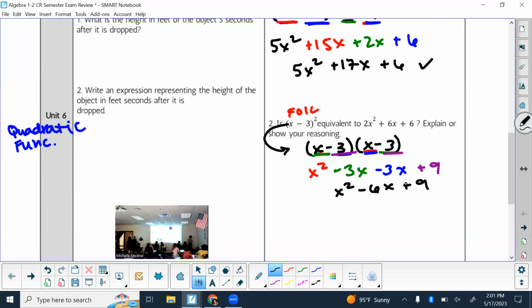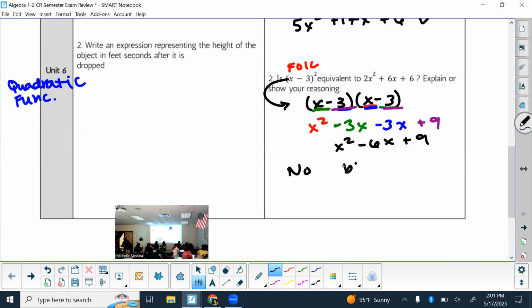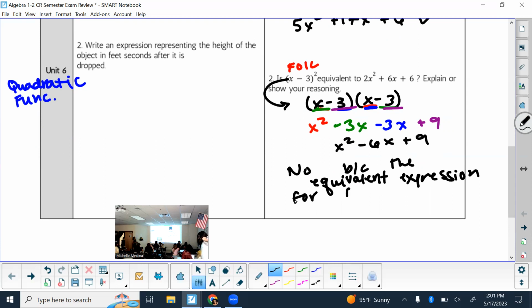So are they equivalent? Make sure you either say yes or no on your test, that's part of it. So you would say no, and for your reasoning, you could say because the equivalent expression for (x minus 3) squared would be whatever you calculate, so x squared minus 6x plus 9.